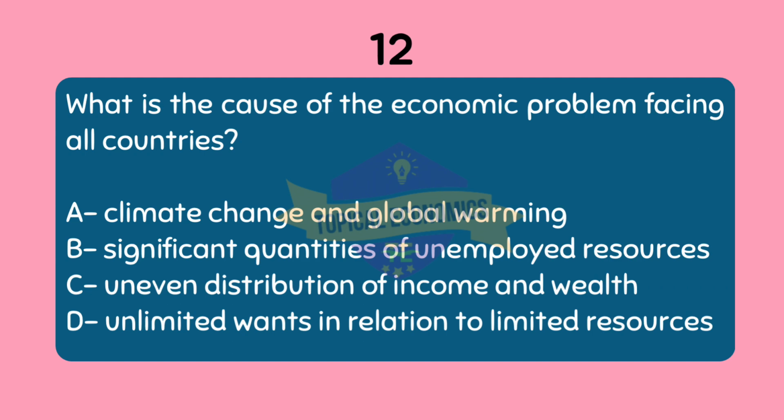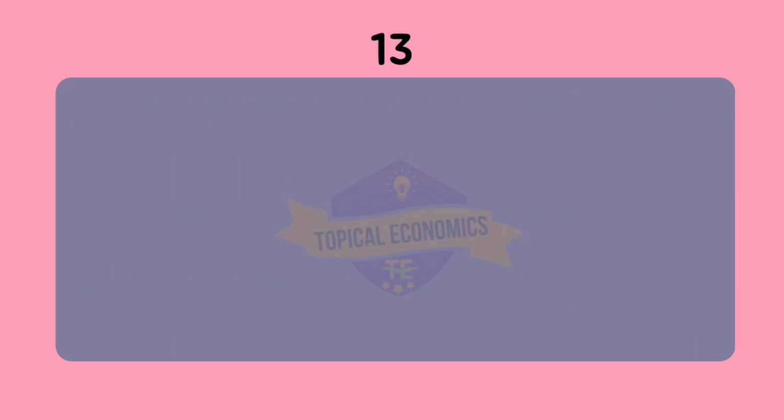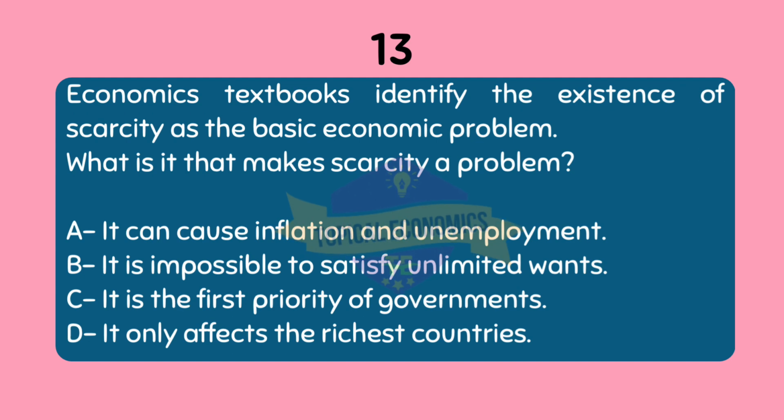Option B, significant quantities of unemployed resources, may be a challenge in certain contexts, but does not address the overarching issue of scarcity. And option C, uneven distribution of income and wealth, highlights a problem related to equity but is not the root cause of the economic problem itself. Moving to the 13th question.